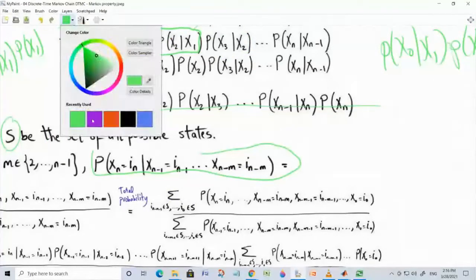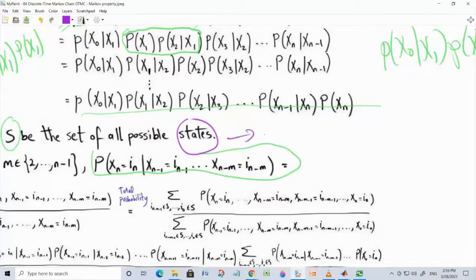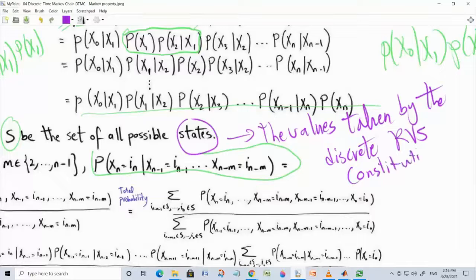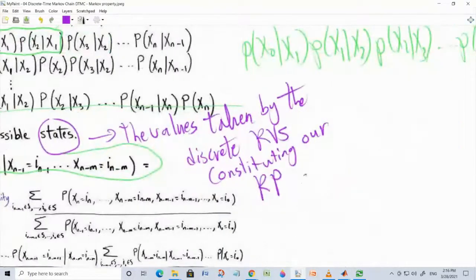Okay, so let's actually define it. States: the values taken by the discrete random variables constituting our random process are called states. Again, if you fix the time index, if you fix n, then you have a random variable.